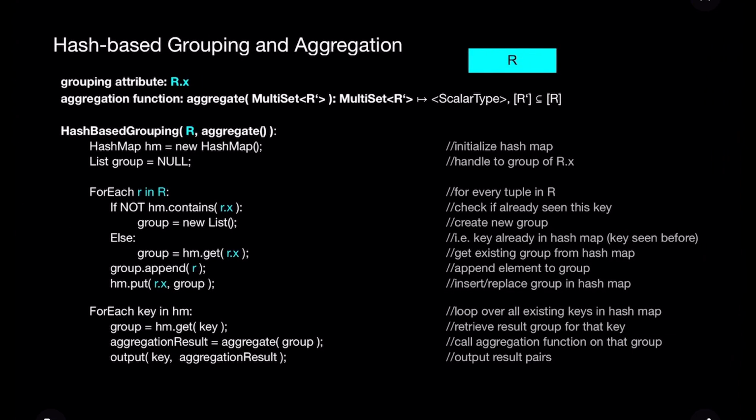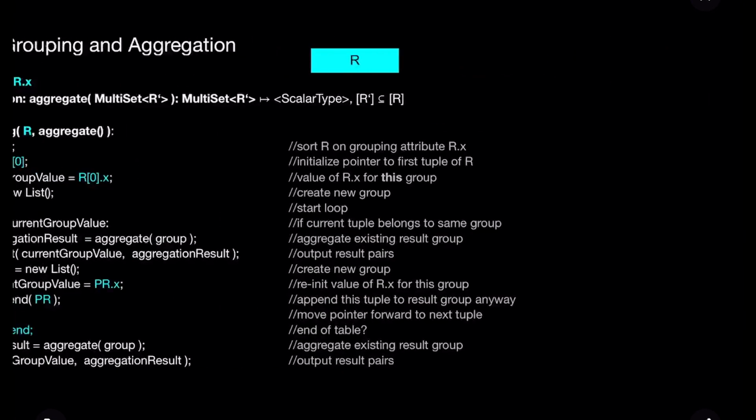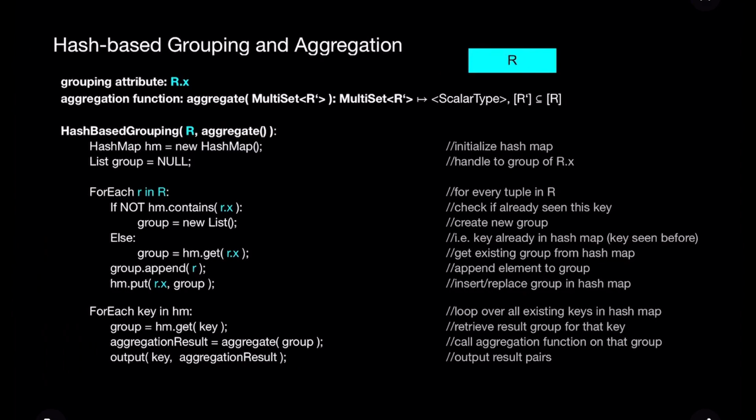And then we briefly look at grouping and aggregation. The good thing about grouping and aggregation is that it's again the same algorithmic patterns. You can do a hash-based grouping, and I sketch it here with pseudocode. Basically, you have a hash map that's built on a specific key.